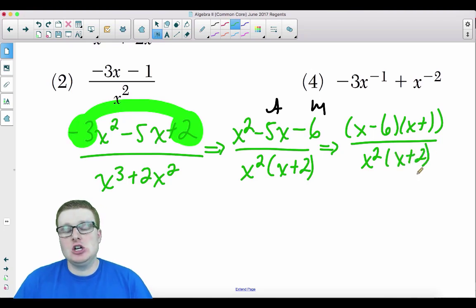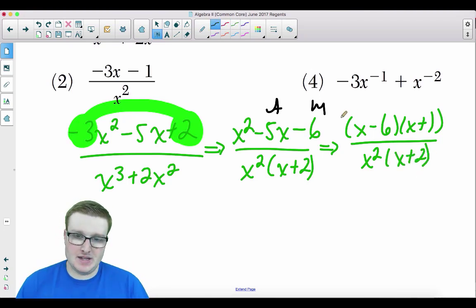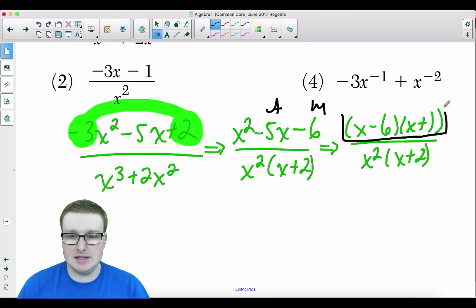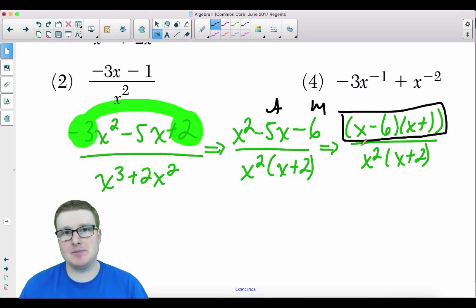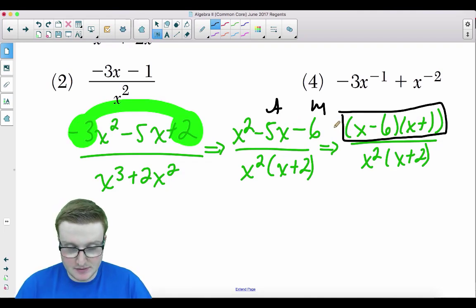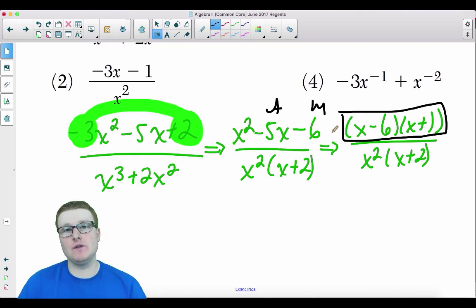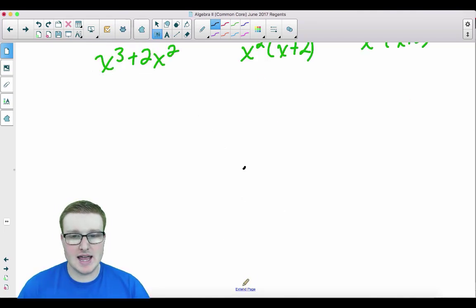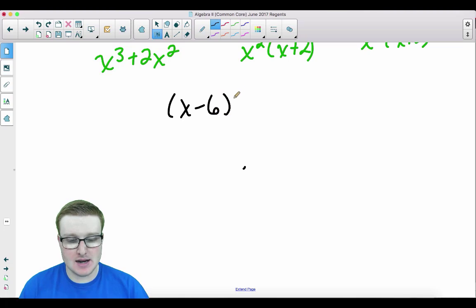Now we need to take the top and divide everything by negative 3. The reason why we have to divide by negative 3 is that the negative 3 is still locked inside of here. So we need to take that x minus 6 and x plus 1 and divide these terms by a negative 3.